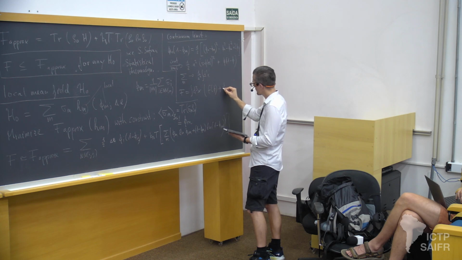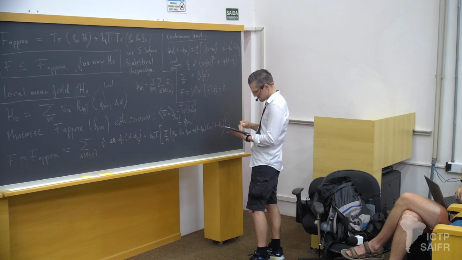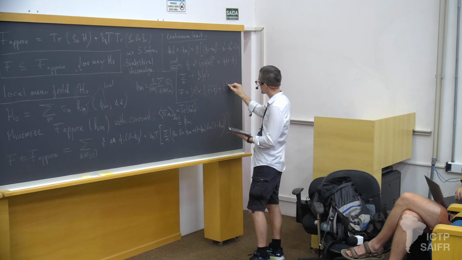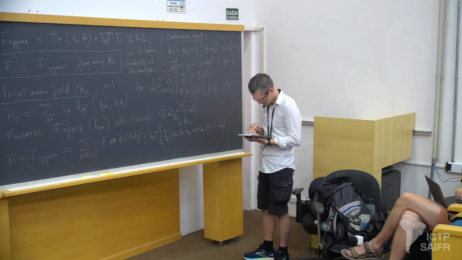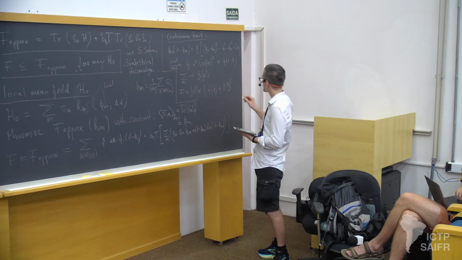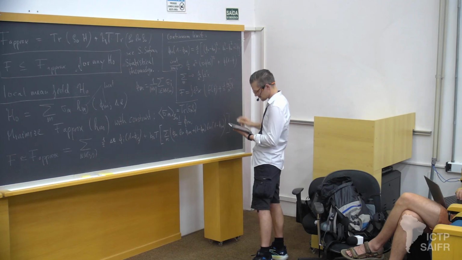There's a bit of length scales here, 1/2 kBT. Oh yeah, I introduced already here a parameter kappa.